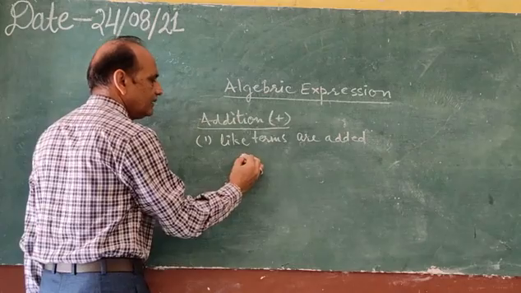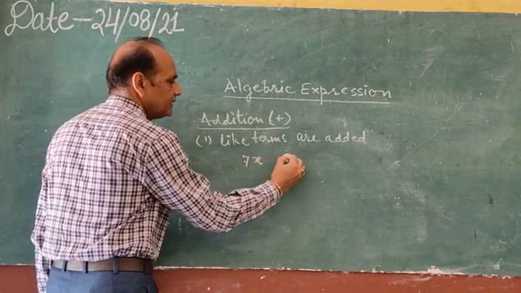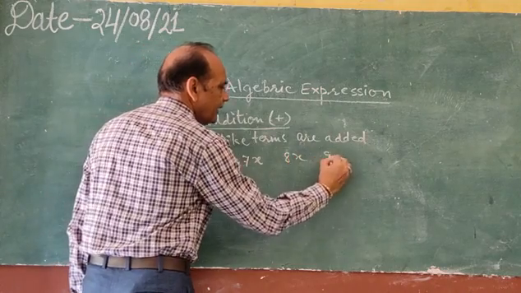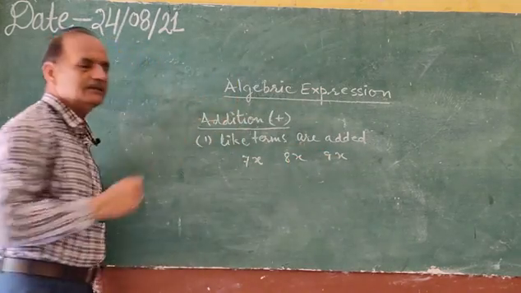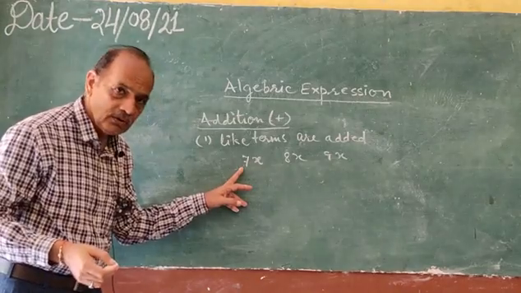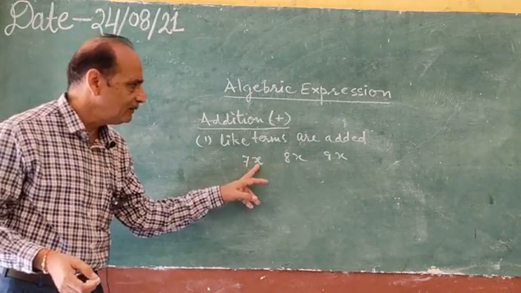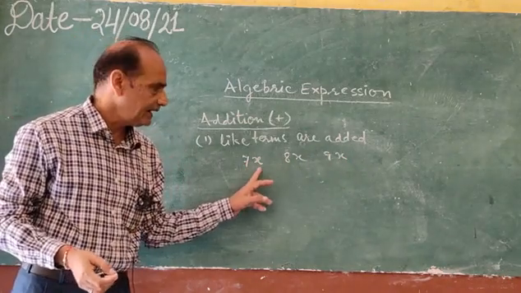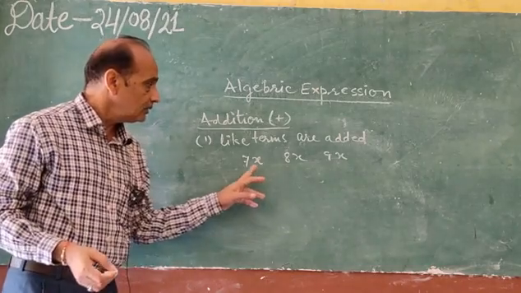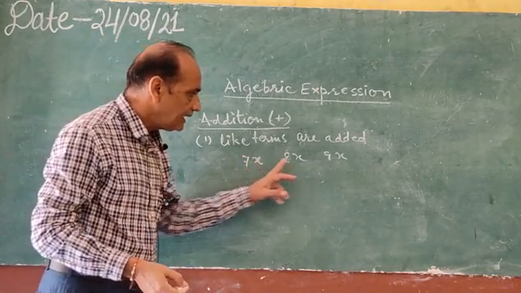Like terms means 7x, 8x, 9x, all have x with them. This is the numeric value, or coefficient, simply we call it coefficient, and this x is the variable. So these are like terms.